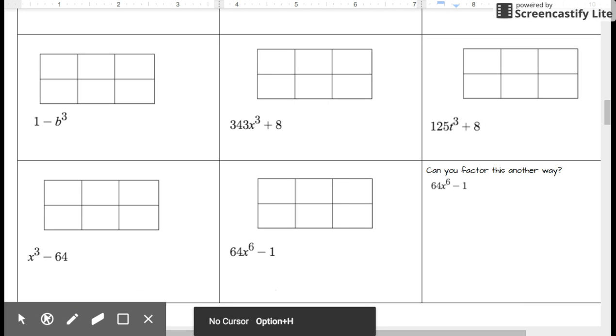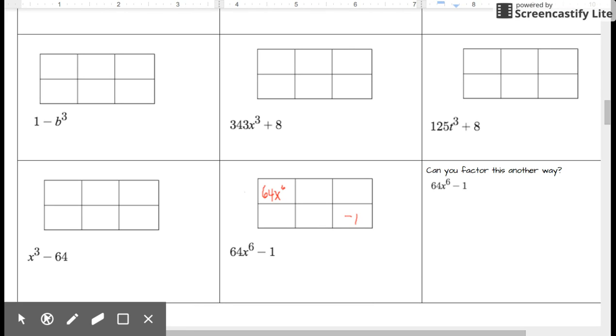In the other video, I reached 10 minutes, so we were not able to finish this part. So let's do it over here again. Again, we'll put here 64x to the sixth, and then here minus 1.